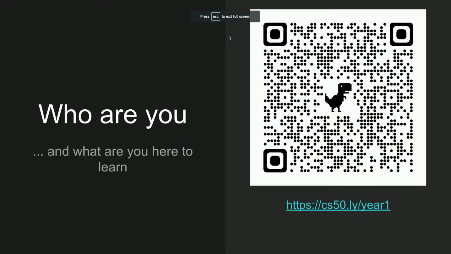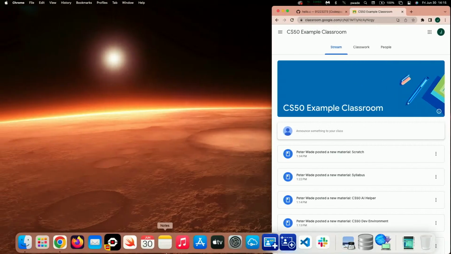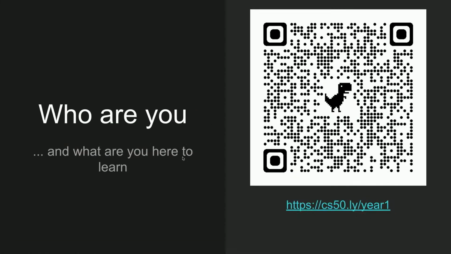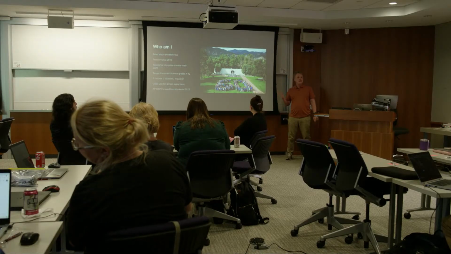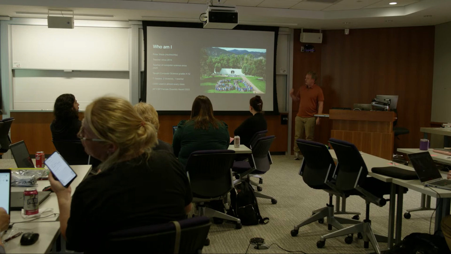So a little bit about myself. Again, my name is Peter Wade. This is the school I've been teaching at, called the Colorado Springs School. I'm actually a computer science transplant. I started teaching French in 2014.